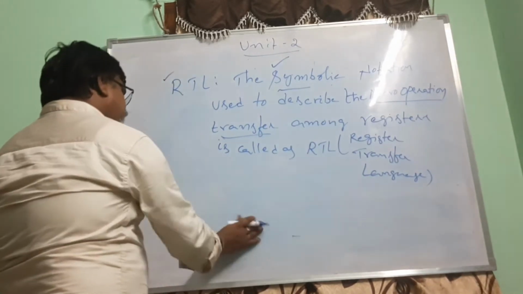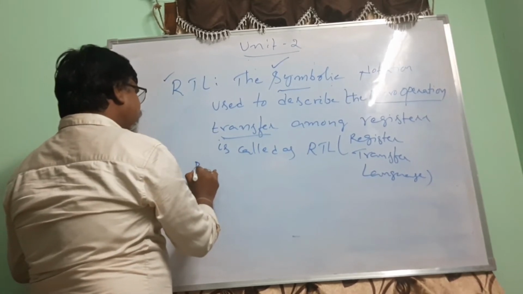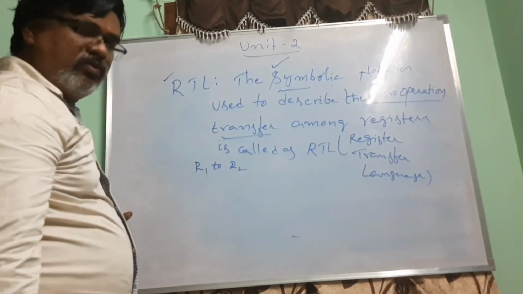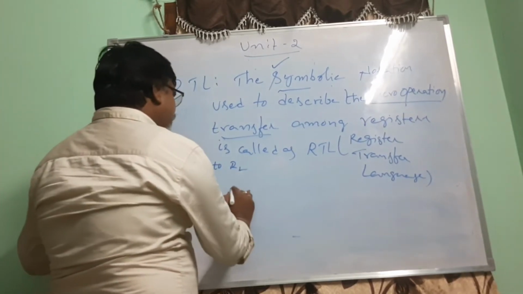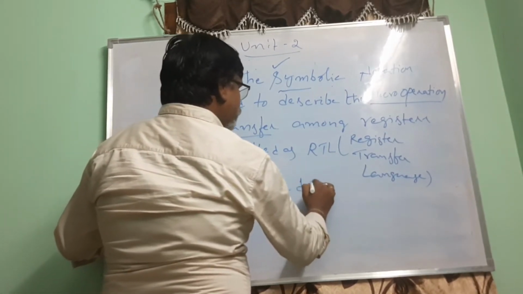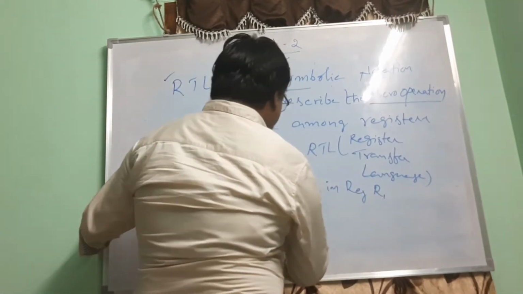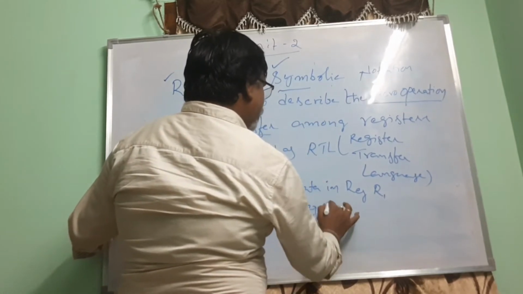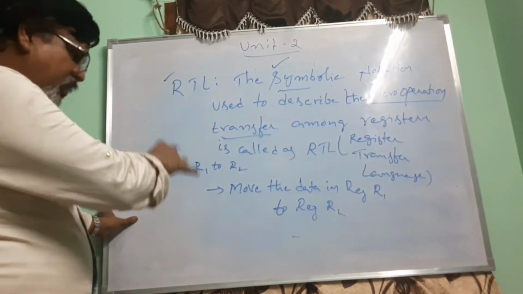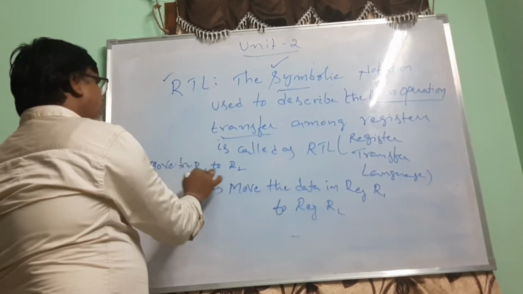Say, for example, if I want to transfer the data available in R1 to R2, in general how do we write it? Move the data in register R1 to register R2. This is the sentence form of the operation: move from R1 to R2.